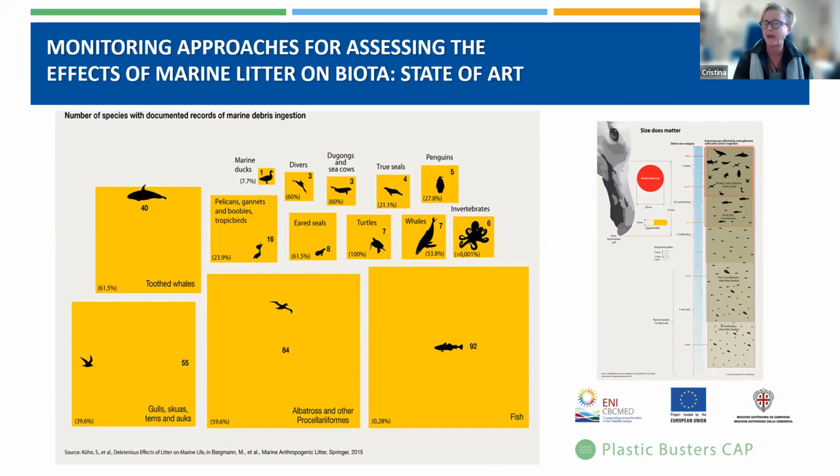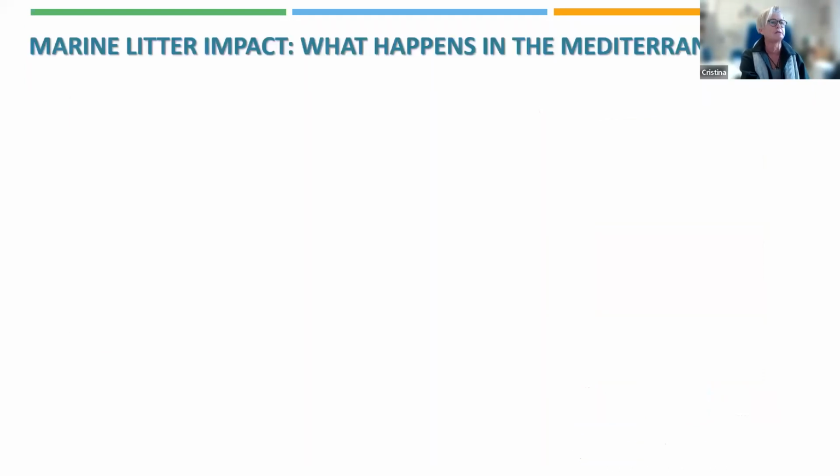We can expect a large plastic item in deep diver species such as the sperm whale, but we can expect a small microplastic or fiber in invertebrates. This is why we have tried in this multiple presentation to cover all these classes of species in terms of biodiversity.